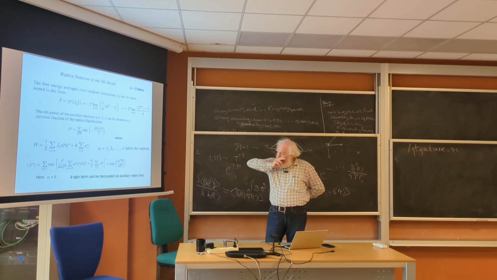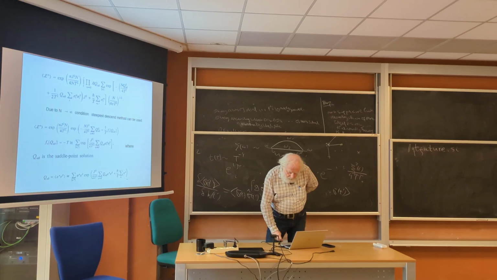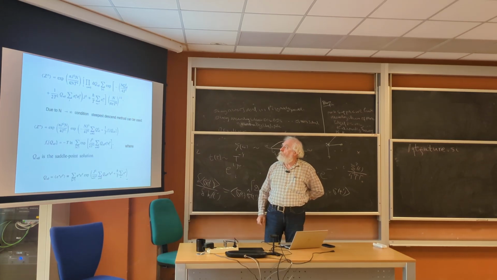So now we have this fourth order term in sigma, and we need to decouple it, a bit similar to what I have shown in the morning in dynamical theory.